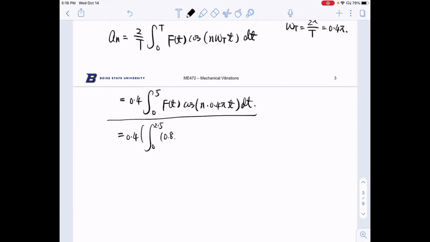It is 0.8t minus 1 cosine 0.4 n pi t dt plus the second section from 2.5 to 5, 3 minus 0.8t cosine 0.4 n pi t dt, and then you multiply everything by 0.4.